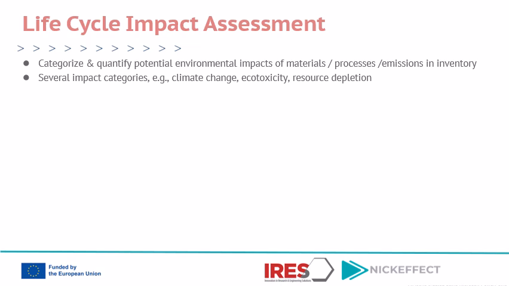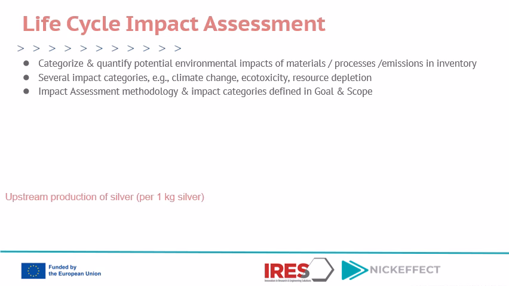We will use an impact assessment methodology which has several impact categories over which it quantifies the impacts, so that can be climate change, ecotoxicity, resource depletion, etc. The impact assessment methodology used in an LCA and the impact categories it contains are already defined in the goal and scope of the study.